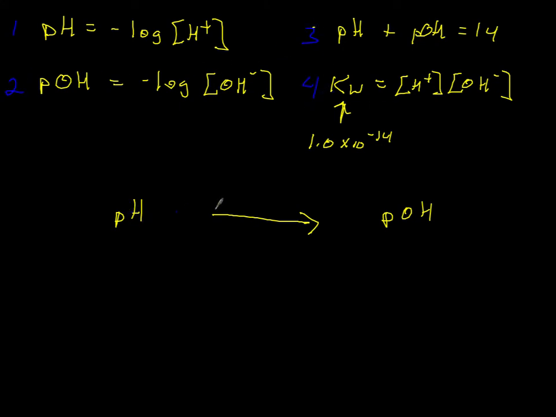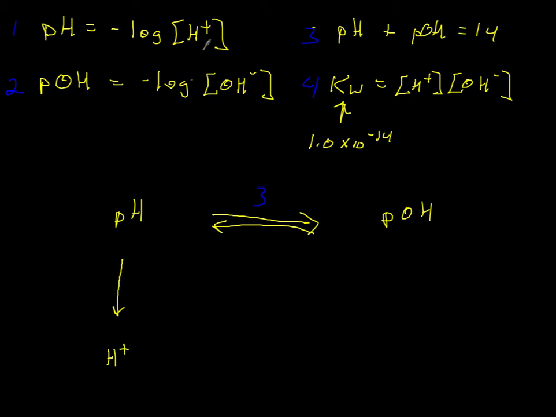If I want to go from the pH to the pOH, if I know the pH and I want to know the pOH, then I can just use equation 3 to do that. Okay. I can also, if I know the pOH and I want to go back to the pH, use equation 3. Okay. If I know the pH, I can actually calculate the H concentration.